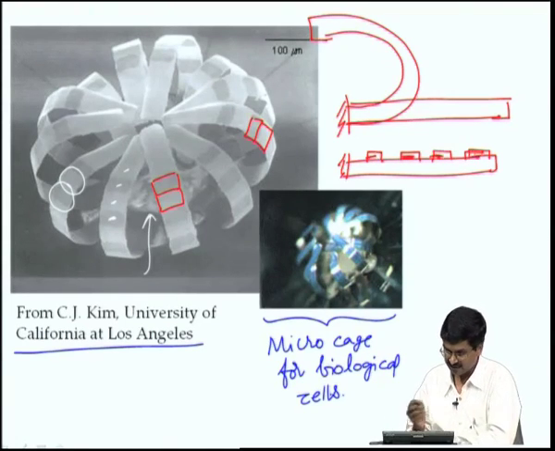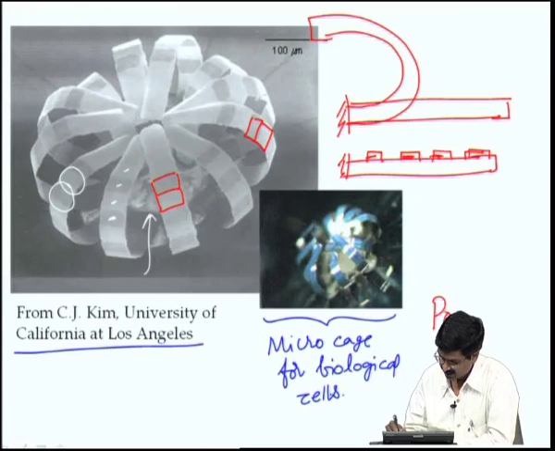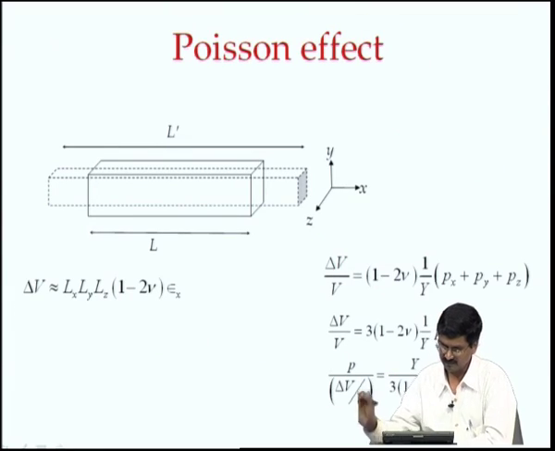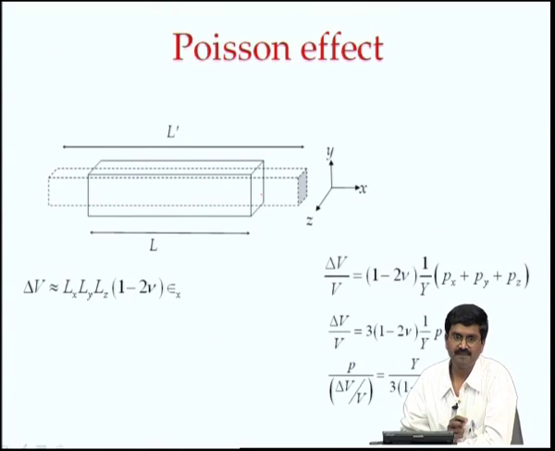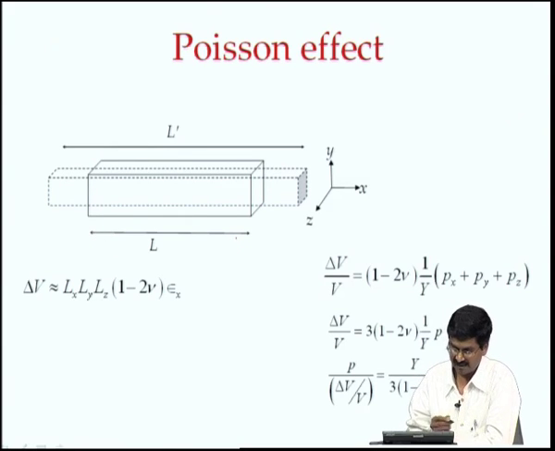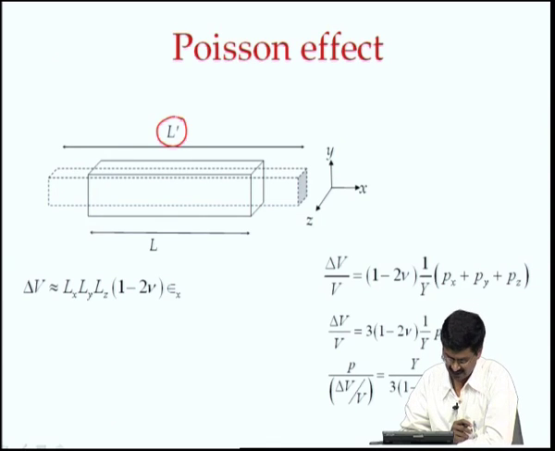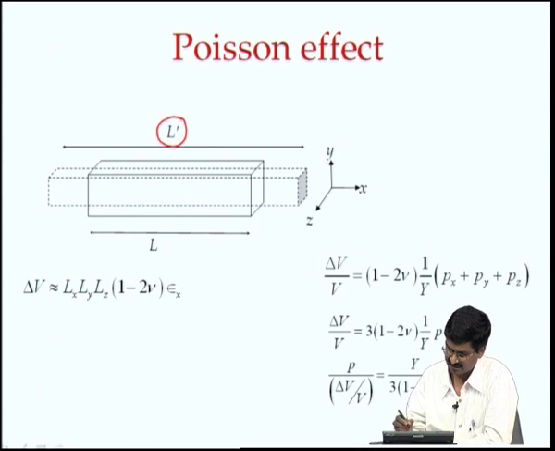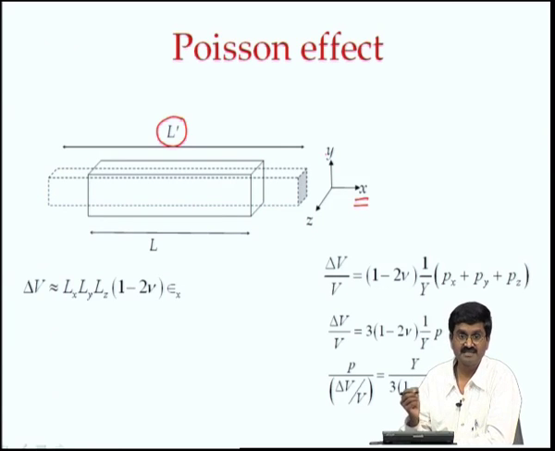Why did they add them? For that we need to understand an effect that we have not yet talked about, which you are probably familiar with from earlier, called the Poisson effect. What is the Poisson effect? We always start with a simple example of a bar of length L, and I have elongated it to a new length L prime. Then what will happen is that in the other dimensions, in the x direction we have elongated, in the y and z directions it gets contracted.